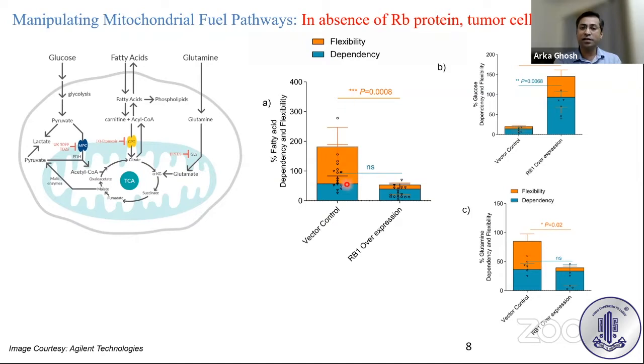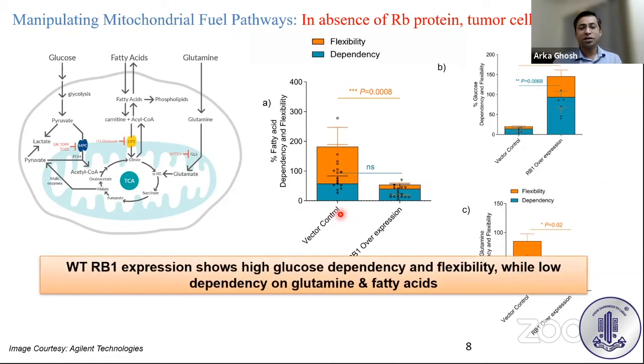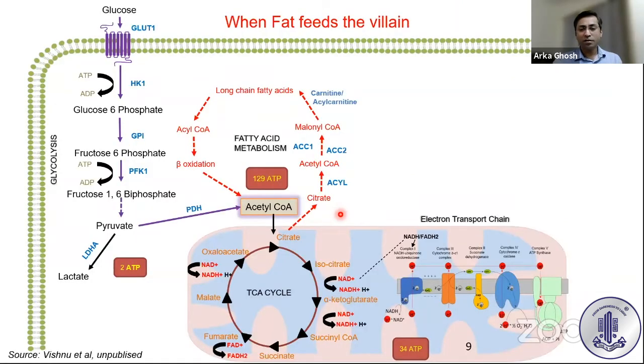So what these retinoblastoma cells do is they start using fatty acids more than they use glucose. So they use more glutamine as well, but fatty acid dependence is huge in these cells. And the normal retina, it uses more glucose and not as much fatty acids.